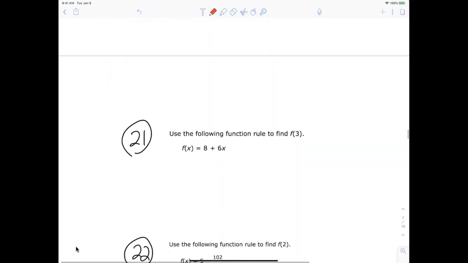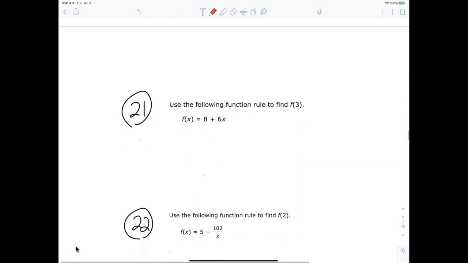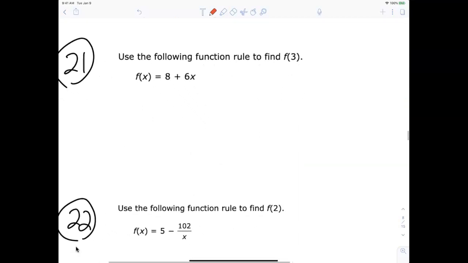Now we get into functional notation, which it's been a really long time since we've done. But I just want you to remember f of x equals y. What's inside the parentheses is the x coordinate.